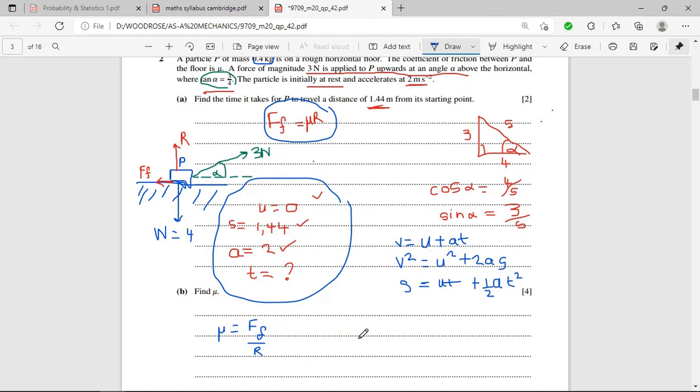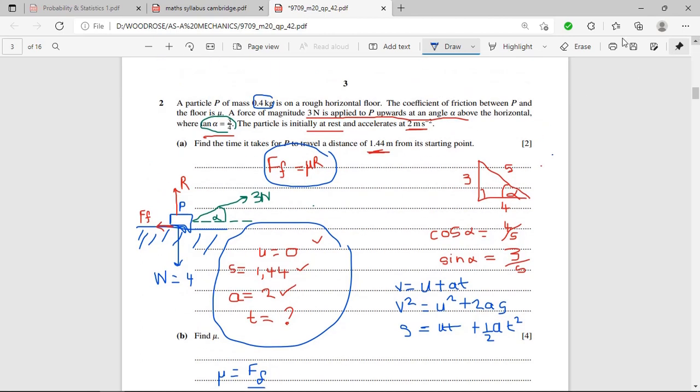We need to resolve the forces. Here the particle is initially at rest. So if we resolve the forces, we are going to see that if we resolve this 3 with this one, it will be the same as W. So let's resolve the forces upwards. Here we will have R upwards, so it's R plus, if you take these 3 upwards, it will be 3 sine alpha.